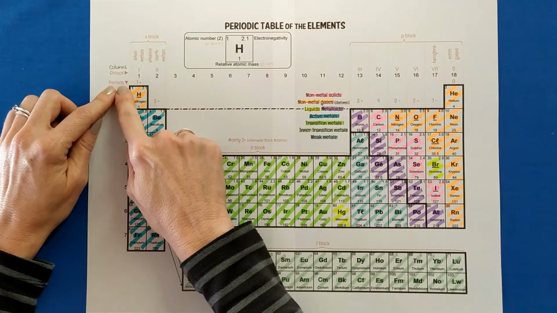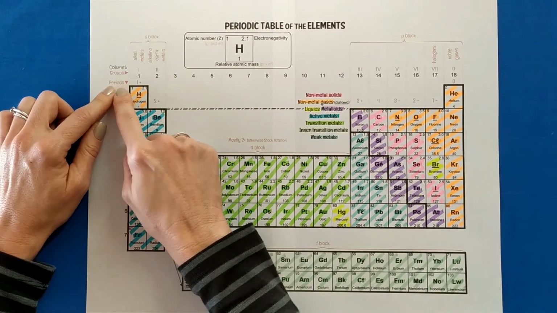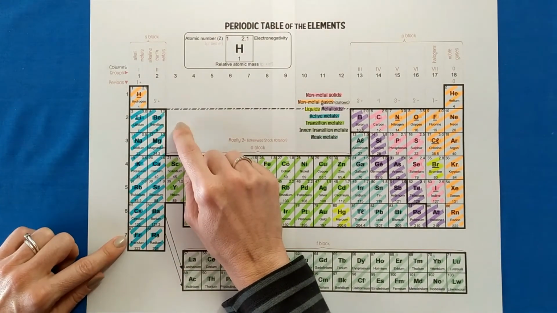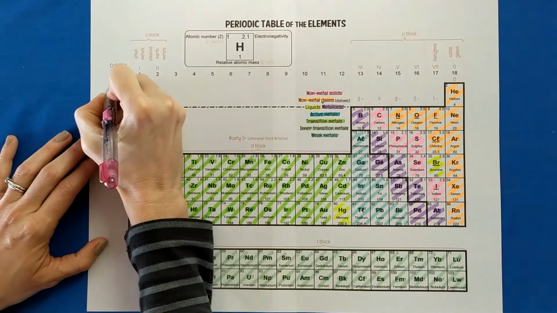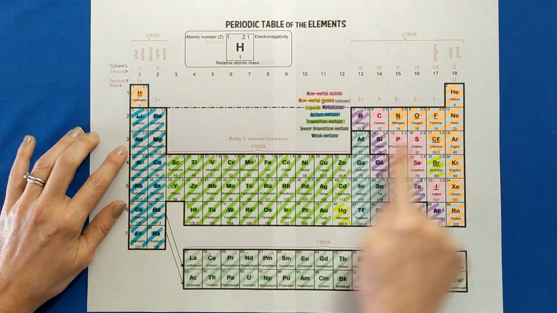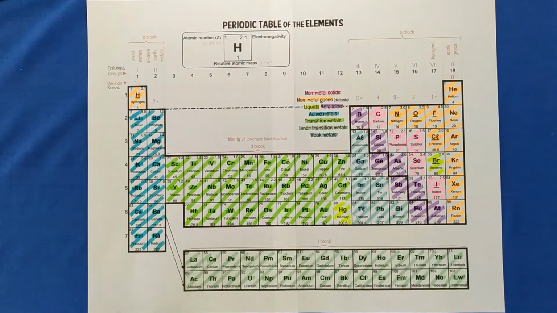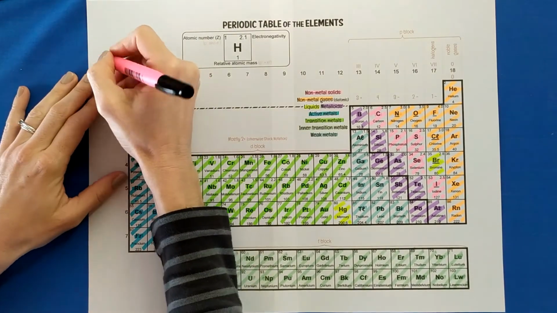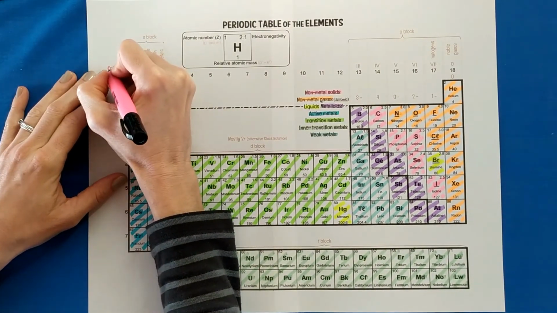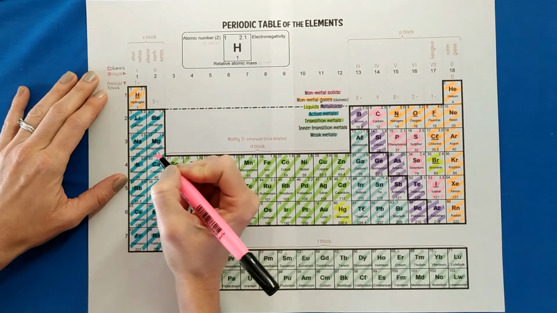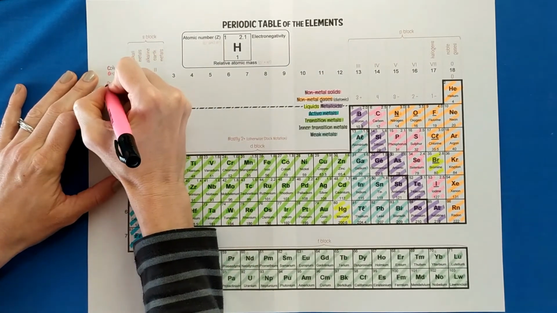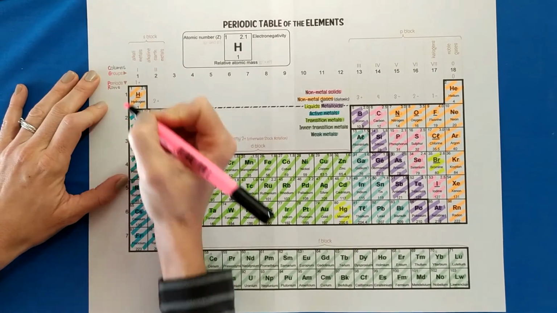The rows of the table are known as periods and are numbered from 1 to 7 as well. It's easy to remember the C for columns and the G for groups have got a similar shape, as well as the R for rows and the P for periods.